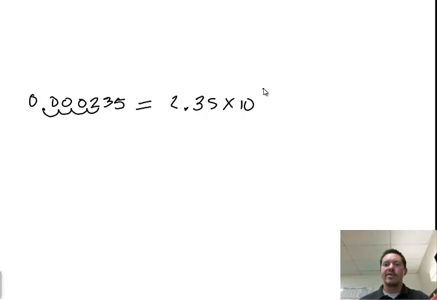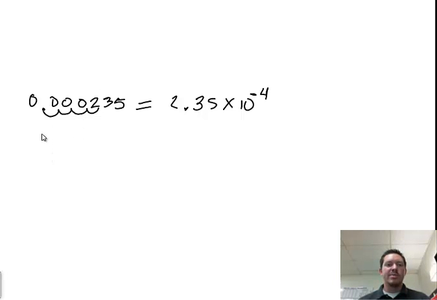So it's 0.000235. 1, 2, 3, 4. So this is the same as writing 2.35 times 10. Because this number was smaller than 1, these 4 places that I moved over, again, I'm still going to have an exponent of 4, but it's a negative 4 because this first number was smaller than 1.